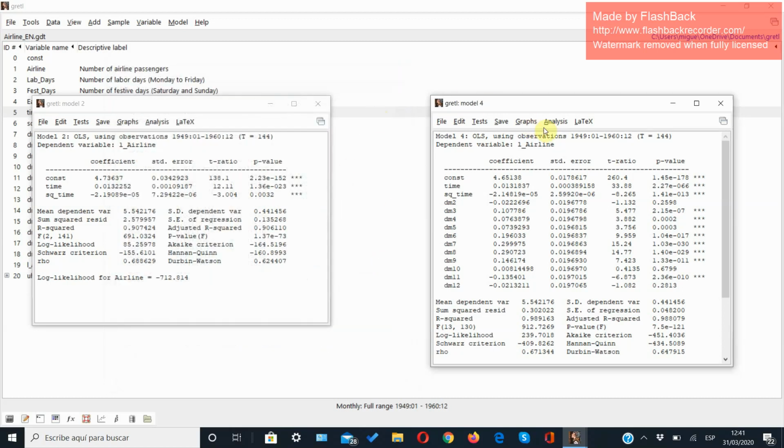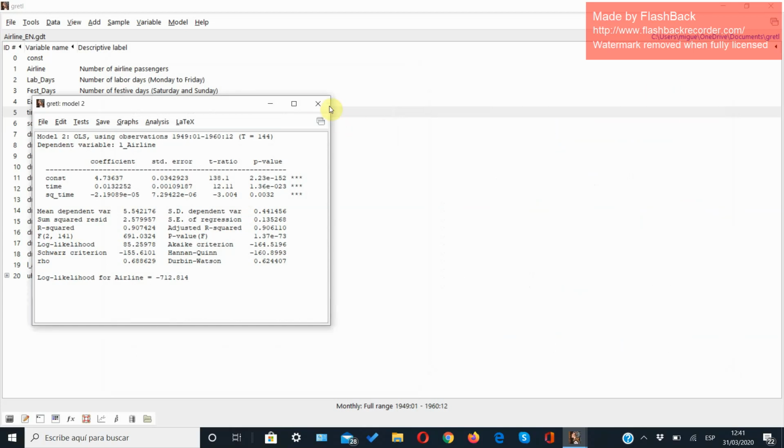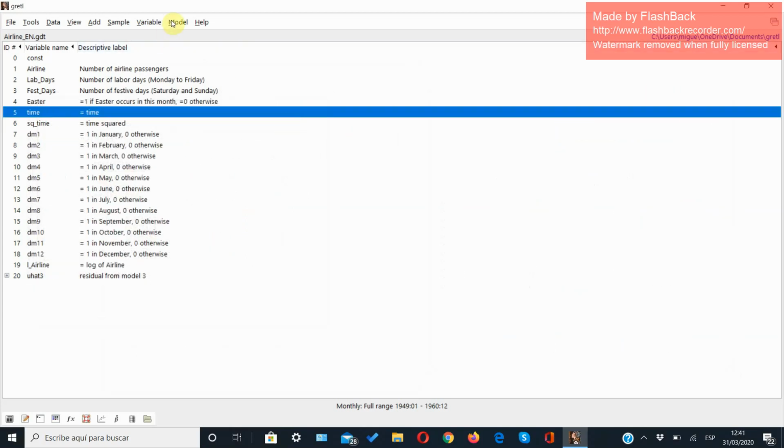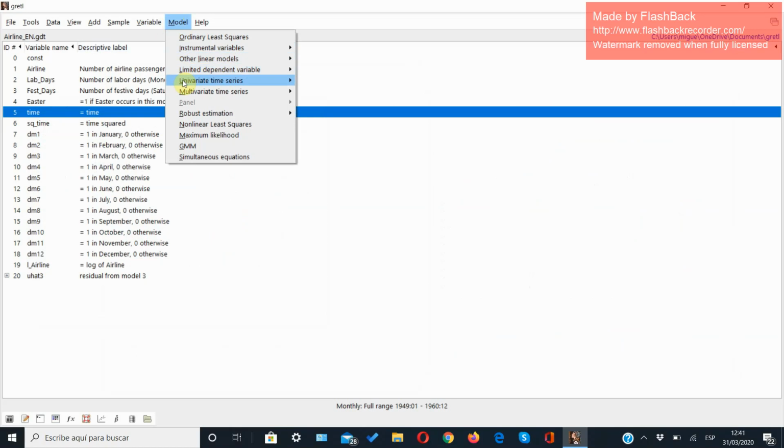To do this, we can use another function of Gretl. I will close all these windows. In the univariate time series menu, it is AR errors. AR errors, GLS, is a way to add to the baseline regression an autoregressive error model.